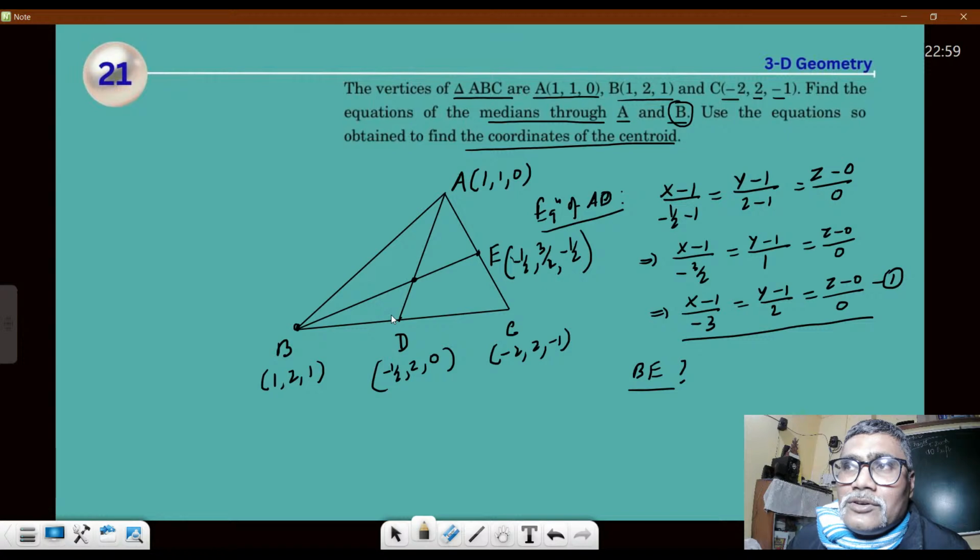I have got median AD's equation. You will find median BE's equation. Then if you solve them, you will get their point of intersection, which is nothing but the centroid, right? So I leave this part. Similarly, you find the equation and point of intersection. I have already explained how to find the point of intersection. Okay.